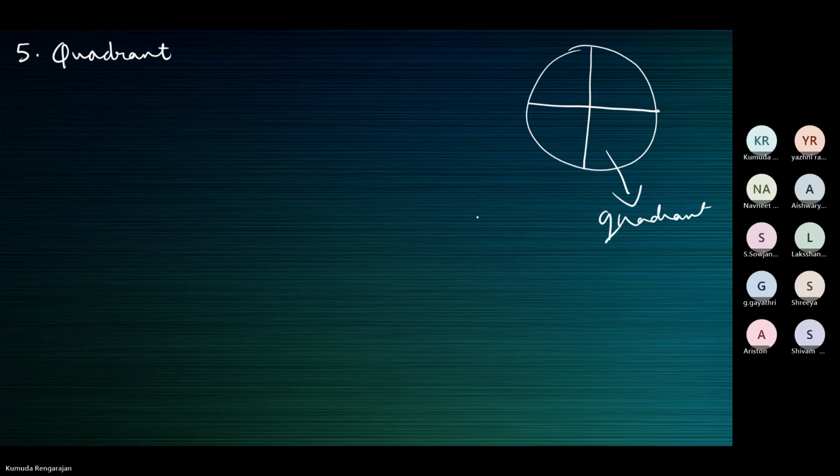Divide the circle into 4 equal parts. Each part is called a quadrant. So how does a quadrant look? Like this. Now, this is the radius, from here to here. From here to here, this is the radius.